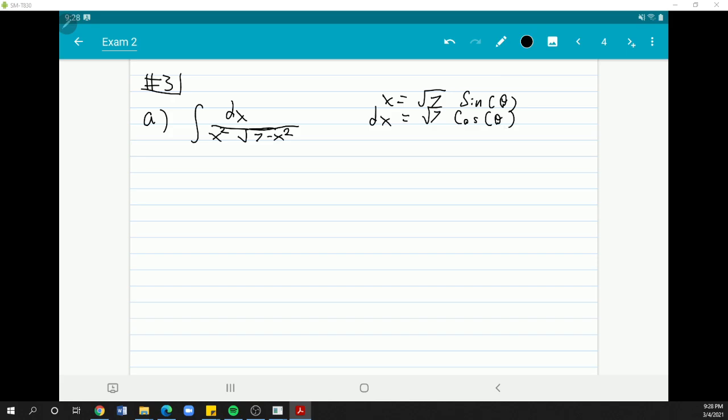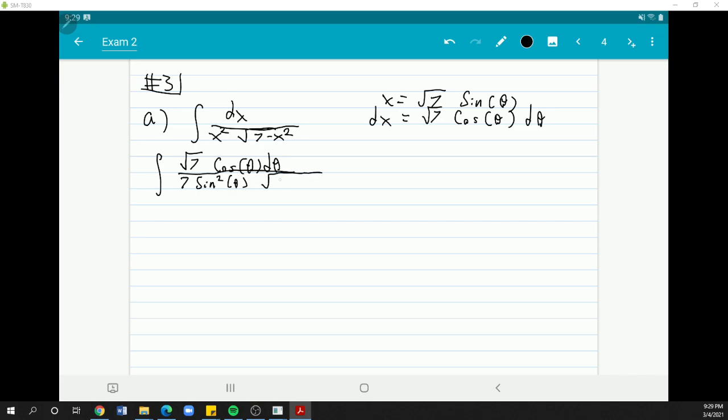In which case this becomes the square root of 7 cosine theta d theta over x squared, which is going to be 7 sine squared of theta.